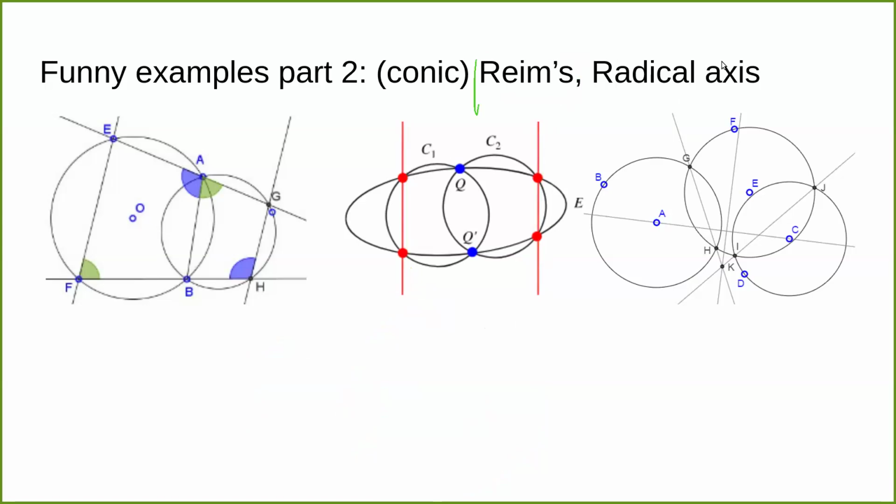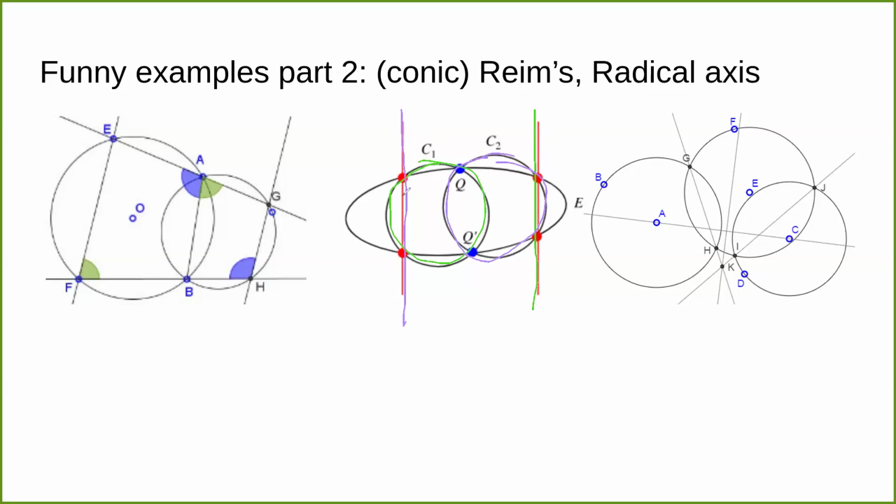And the proof of this is really nice with Cayley-Bacharach. So basically, you do it on this guy and this line, and then you do it on this guy and this line.